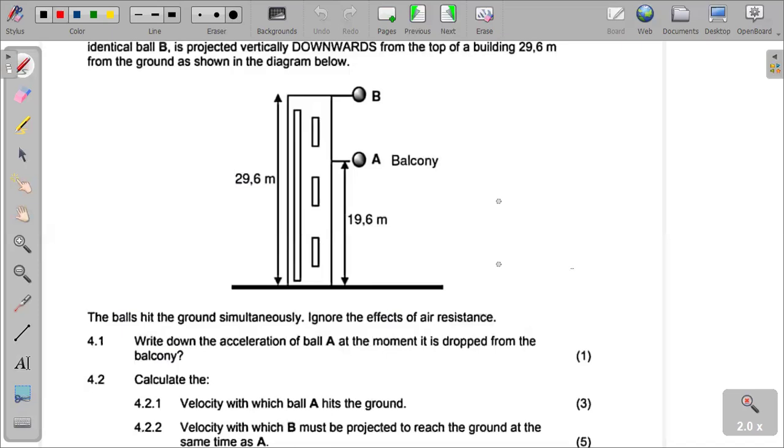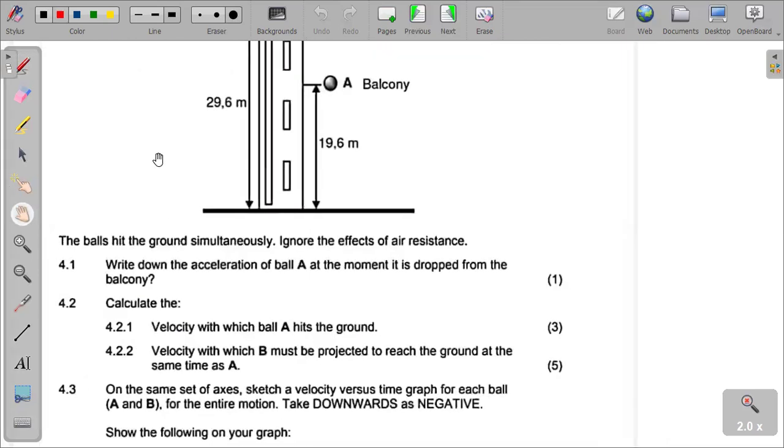Ignore the effects of air resistance. 4.1. Write down the acceleration of ball A at the moment it is dropped from the balcony. Apparently these are projectiles, so the acceleration is known. The acceleration is 9.8 meters per square second, and its direction is also known.